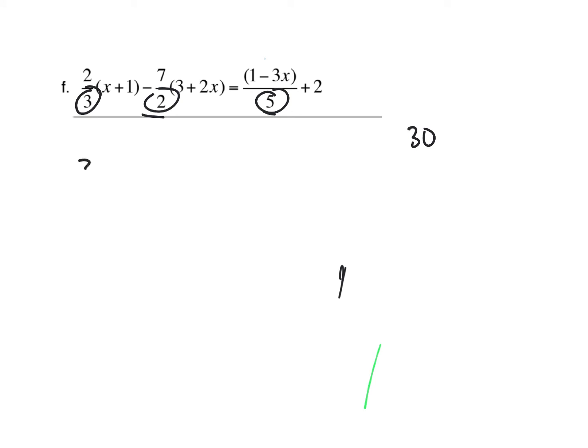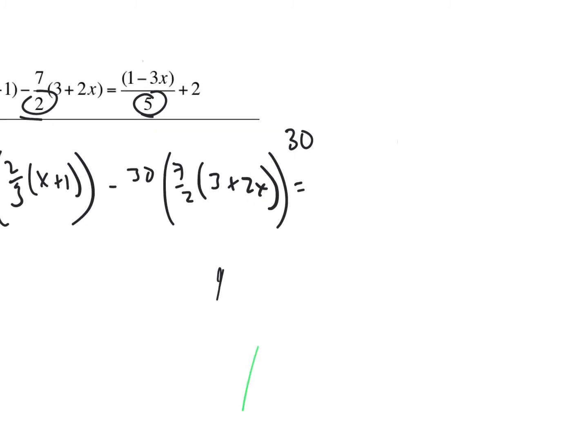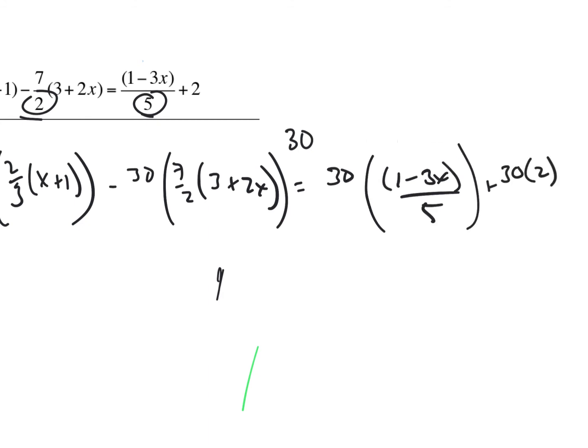So it's going to be 30 times 2/3 x plus 1, minus 30 times 7/2 times 3x plus 2, equals 30 times 1 minus 3x over 5, plus 30 times 2.